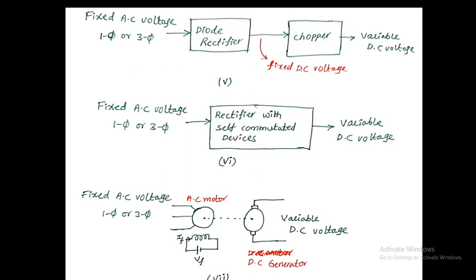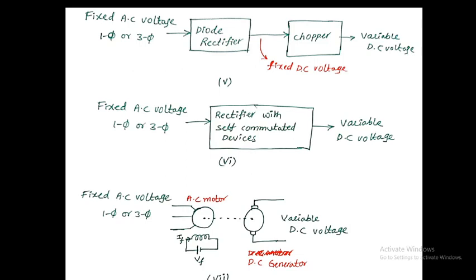But to get the variable DC voltage, the output of the diode bridge rectifier is connected with a chopper or DC to DC converter. From that we can get the variable DC voltage. So finally our objective is to get the variable DC voltage. What are the possible ways from the fixed AC voltage? That's what we are seeing here.